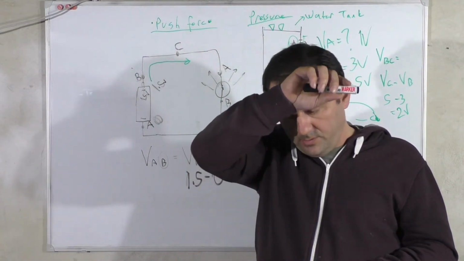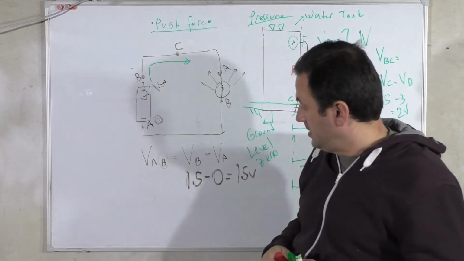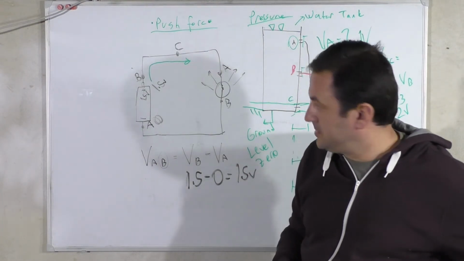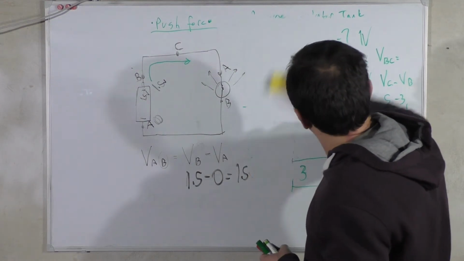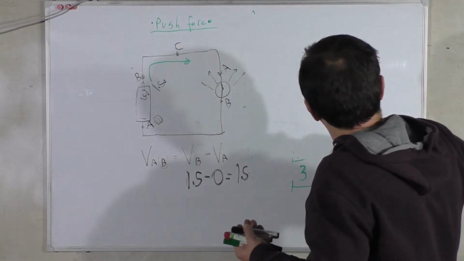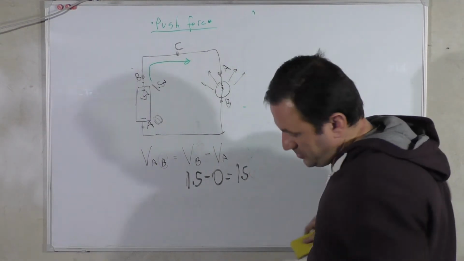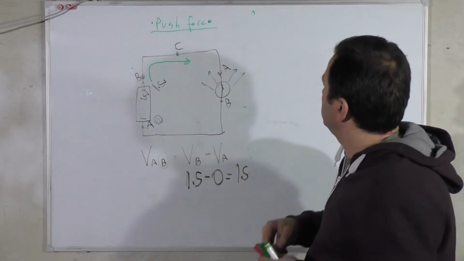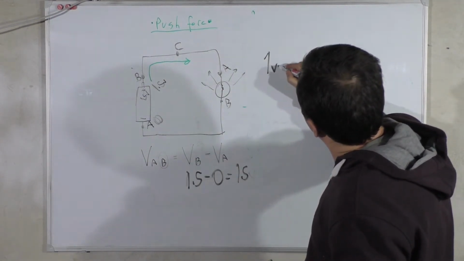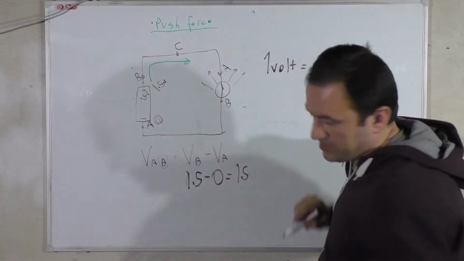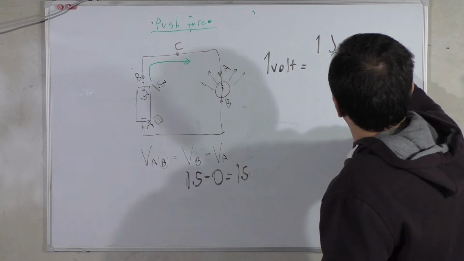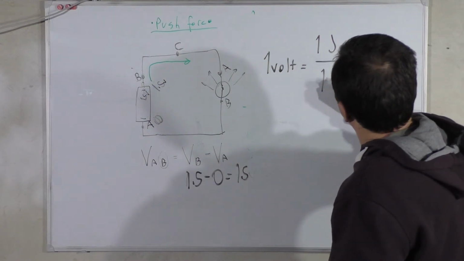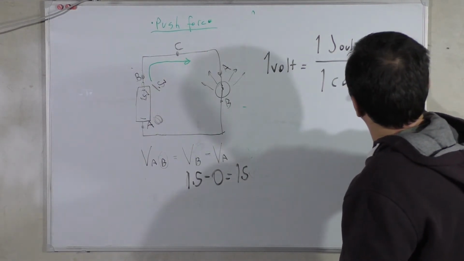But before that, voltage is also described in books like pressure, push force. But it is also described as 1 volt equal to 1 joule per 1 coulomb.